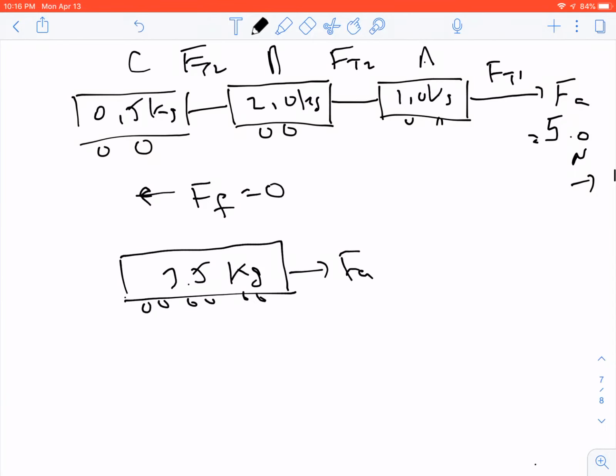Again, remember, FG and FN are going to cancel each other out, because when I pull the train forward, it's not going up or down. So the only force here is FA, which is the 5 newton force.